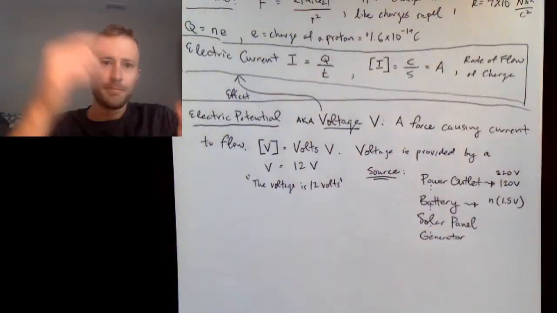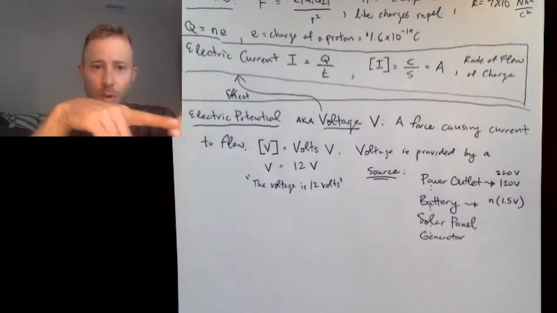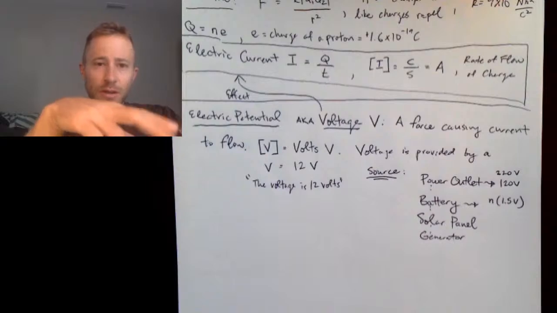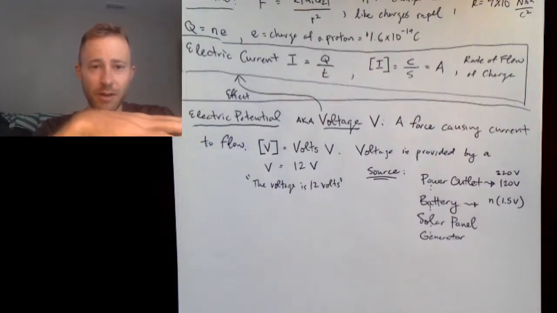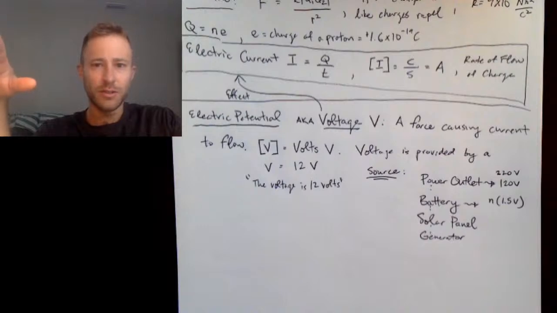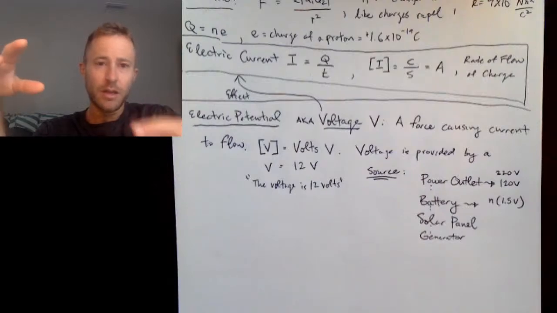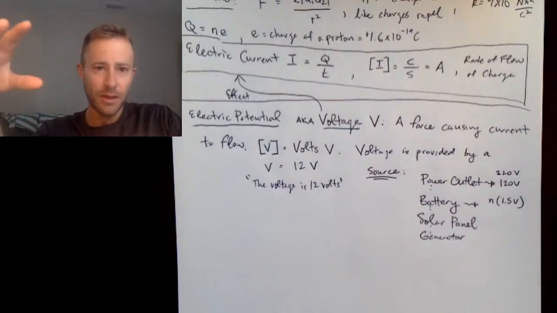But a AA battery is 1.5 volts. A AAA battery is 1.5 volts. A C battery is 1.5 volts. A D battery is 1.5 volts. So the only difference between all of those is not the size of the voltage. It's just the amount of time that it can provide that voltage for.